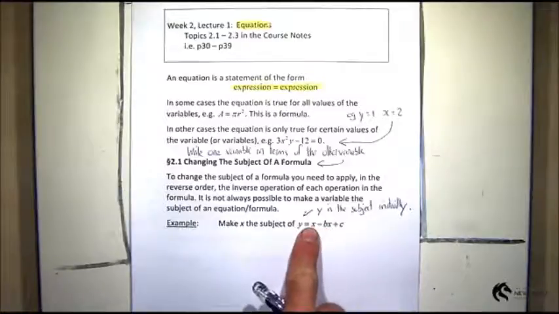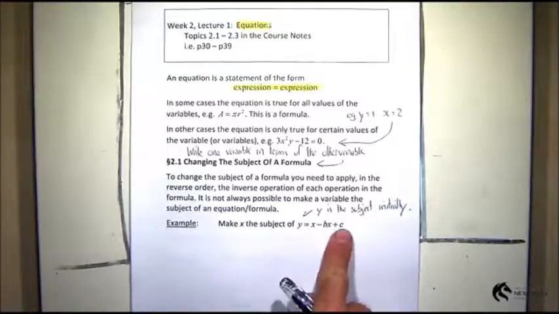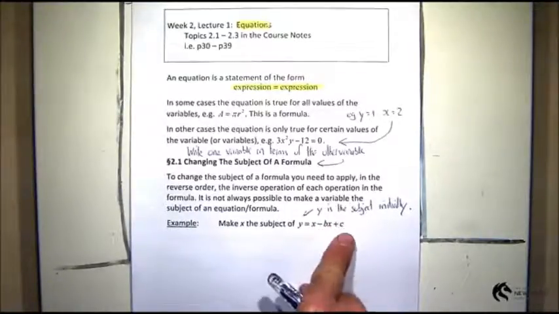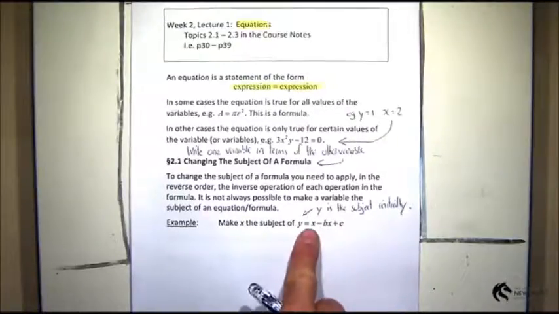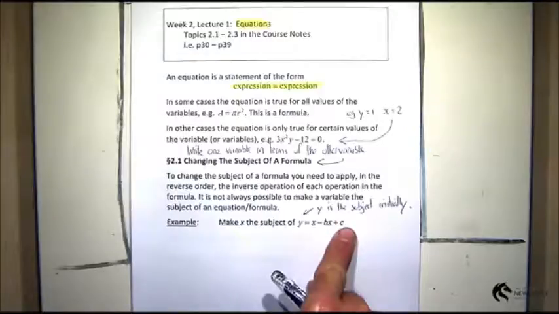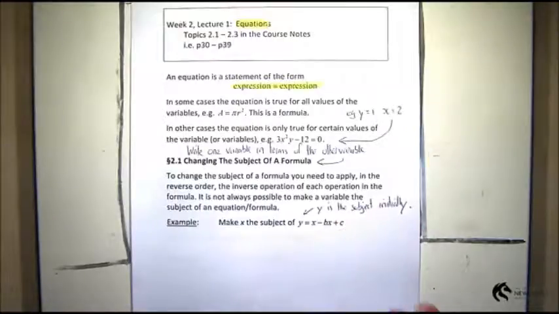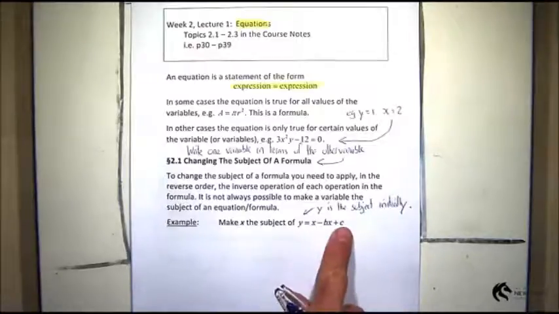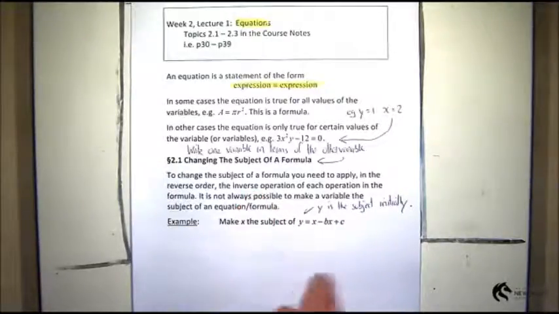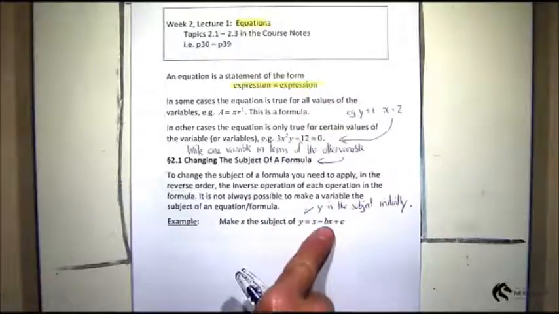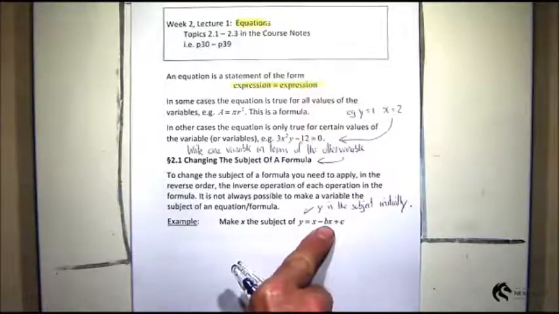And then I have a number, and then lastly I would subtract those, and then I would add c. So to make x the subject, what you do is completely do the reverse of that. The last thing I did was add c, so the first thing I'm going to do is subtract c. I'm going to take the inverse operation of each term here in the formula. So let's do that.